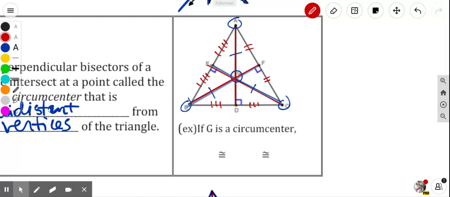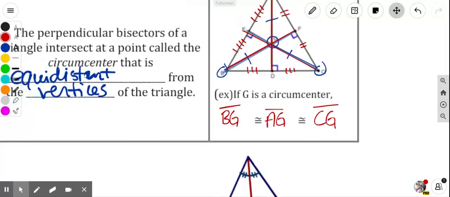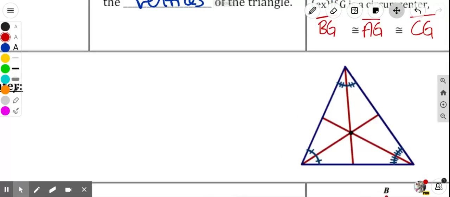So you have lots of congruent segments when you have a circumcenter. In this example right here, I'm just going to list the ones that were congruent because of the theorem, which is BG being congruent to AG and CG. So that represents the distance from the circumcenter to the vertex. Okay, so that's a circumcenter.